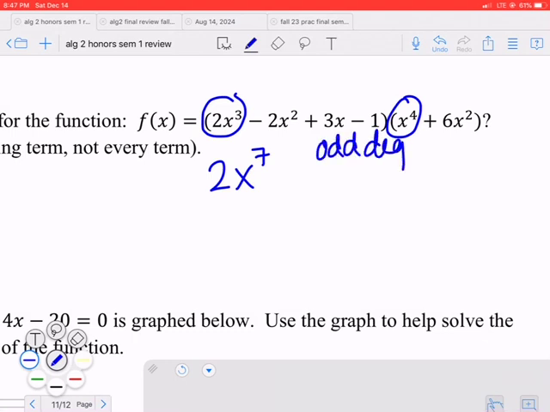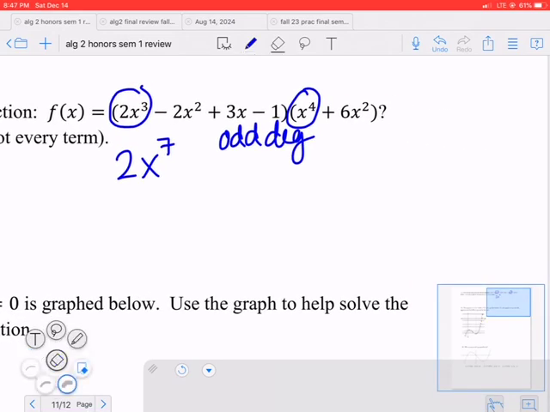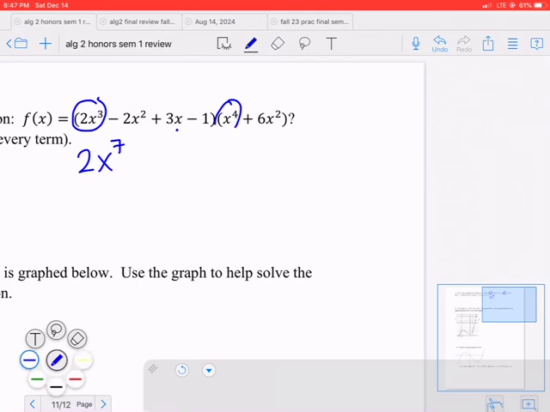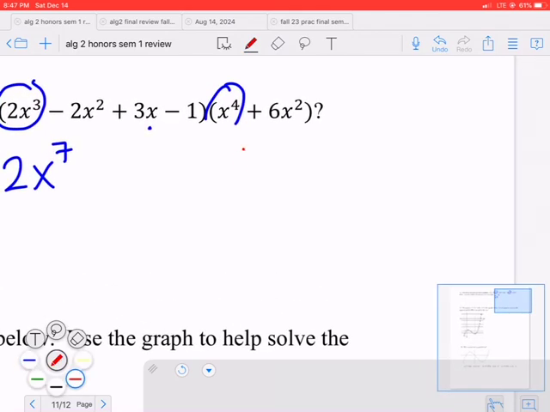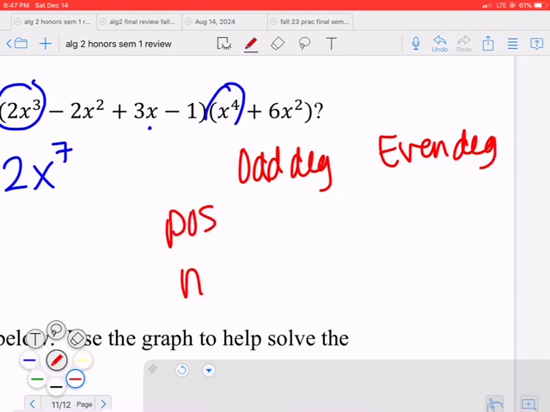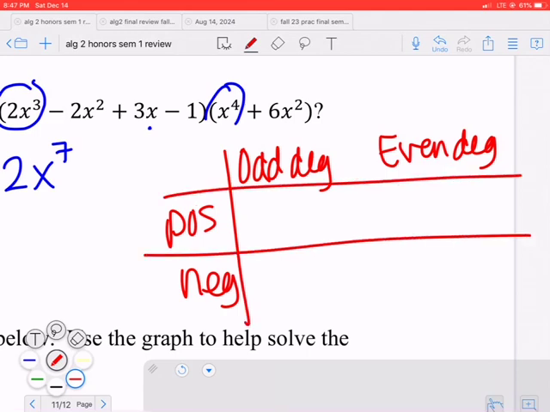So let me make a little chart. For end behavior, it depends on odd degree or even degree, and the leading coefficient is either positive or negative.